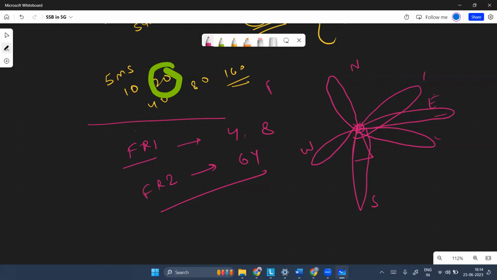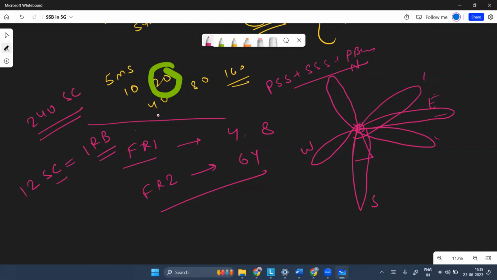And SSBs carry your PSS plus SSS plus PBCH, which is 4 symbols long in the time duration and 240 subcarriers long in the frequency domain, right? Your 12 subcarriers in the frequency domain make 1 RB, right?